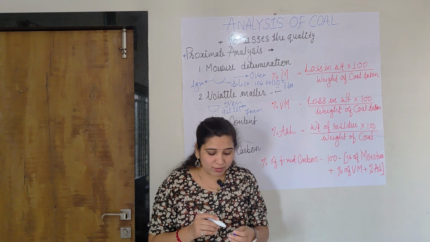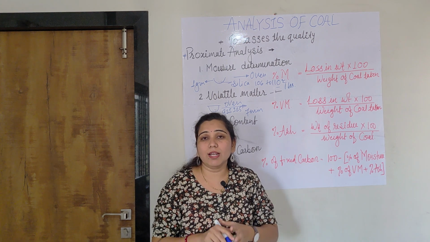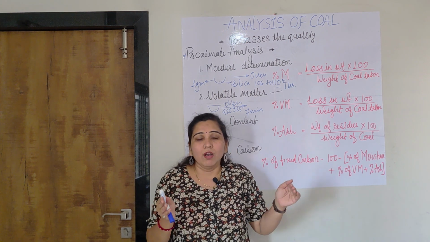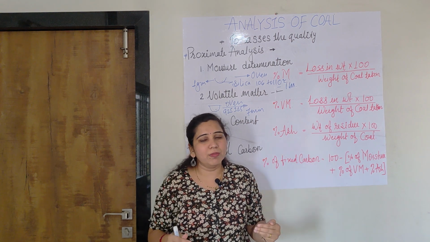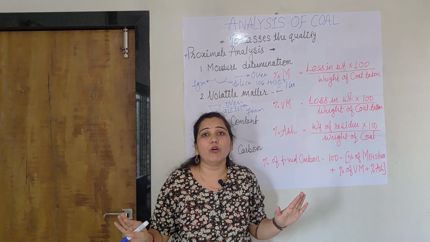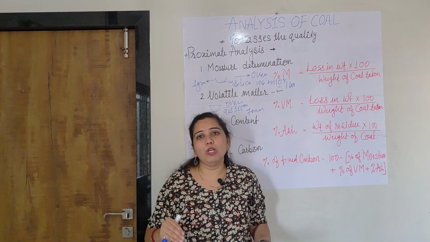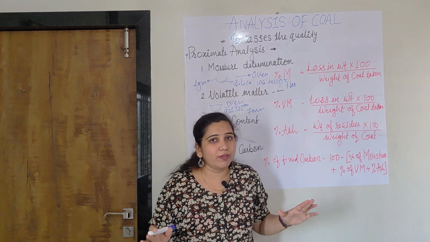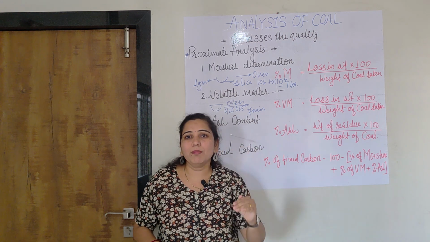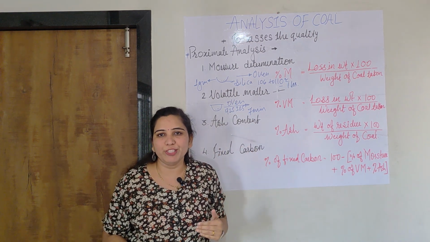There are two different types of gases, combustible and non-combustible. Whether the gases are combustible or non-combustible, they are not required for increasing any calorific value or for the proper ignition temperature. So the lesser the amount of volatile matter, the better the quality of coal.